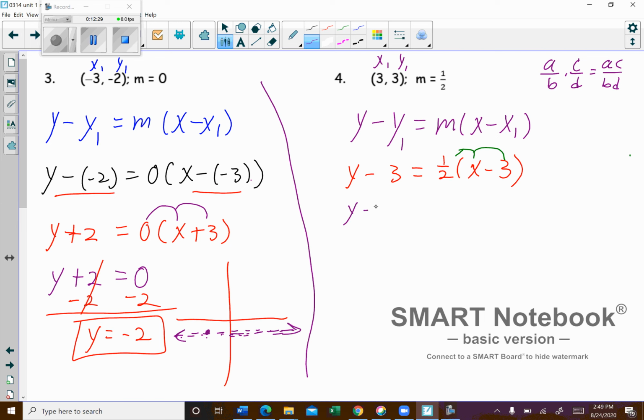So let's see, on the left side, I still have y minus 3, but on the right side, 1/2 times x, that's just going to be 1/2 x. Now, what I want to do with this minus 3 is I'm going to put it over 1. It's personal preference. And the reason why is that now I can kind of follow this formula up here. I can do 1 times minus 3, so it's going to stay minus because it's a positive and a negative, right?